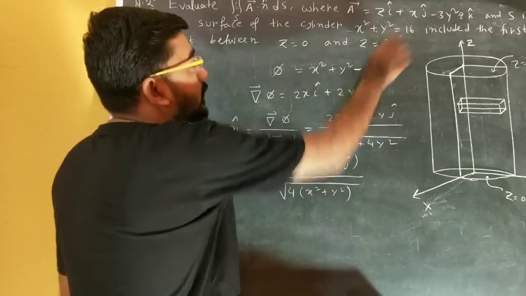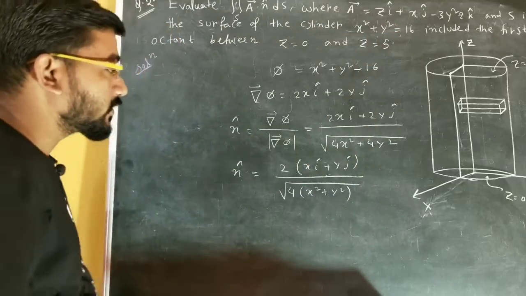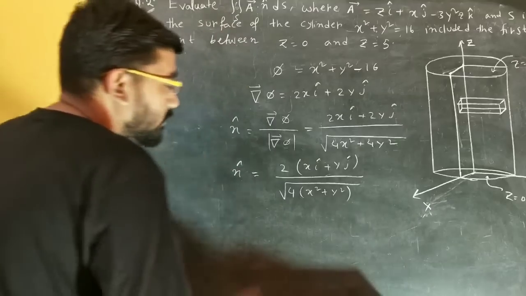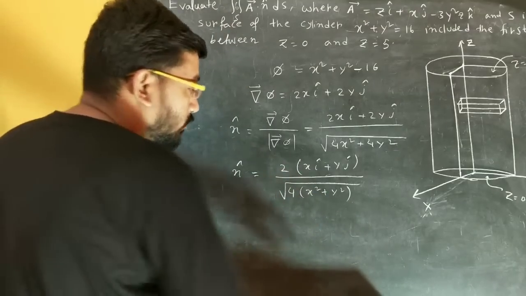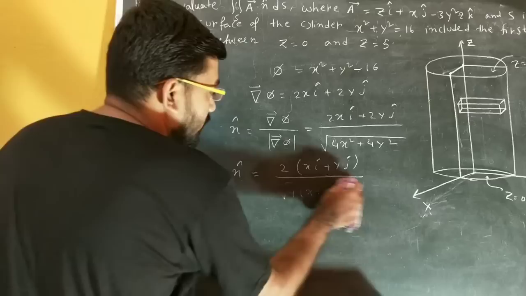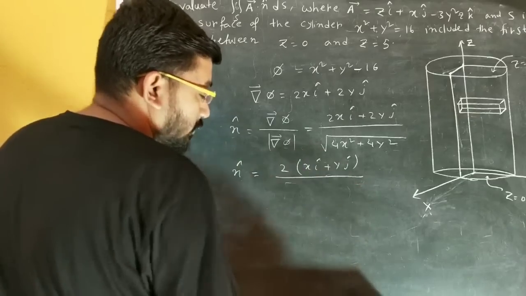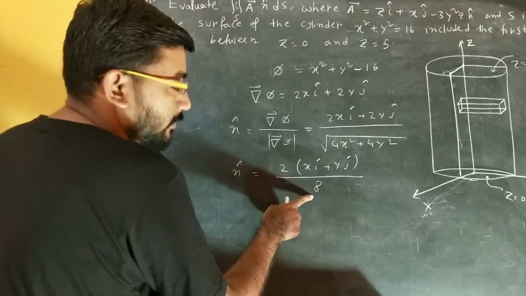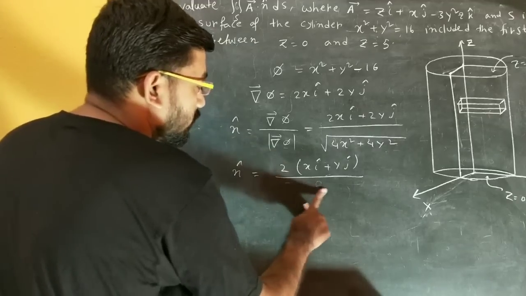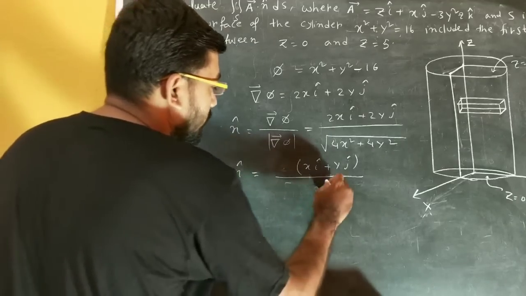You can see from here that x square plus y square is equal to 16. So it will be 16 into 4, that is 64, and root 64 is 8. Now this 2 and 8 will cancel out and in the denominator you will get 4.